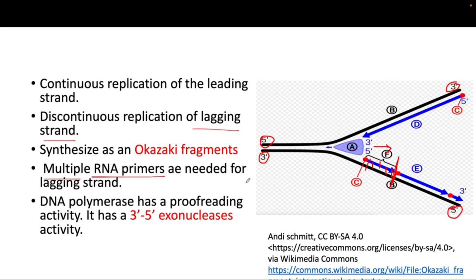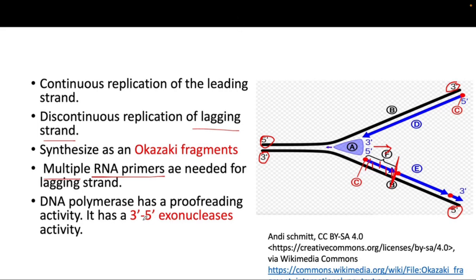Also, when DNA polymerase is making the newly synthesized DNA, it has a tendency to make a mistake. Now this tendency is very rare. It happens, but it has a higher proofreading activity, so it can go back and correct the mistake. Remember I mentioned it makes the new strand in the 5 prime to 3 prime direction. So if it made a mistake, it has to go back from 3 prime to 5 prime to correct the mistake.